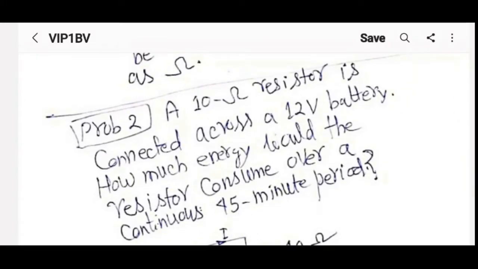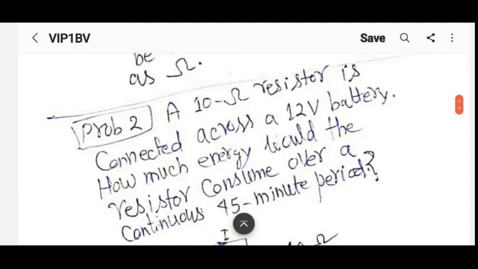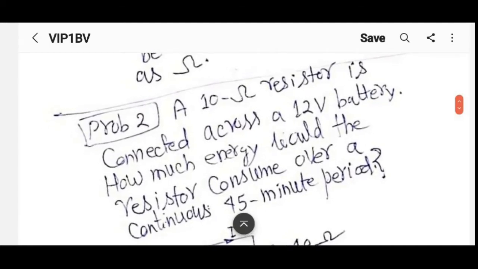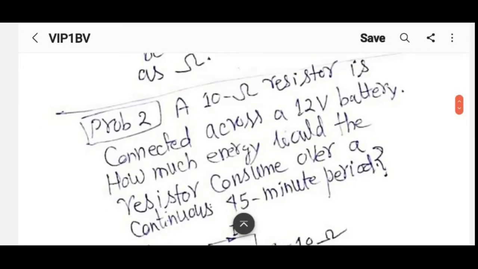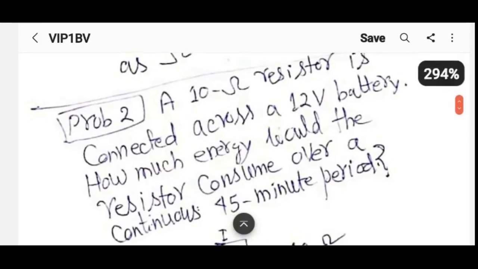A 10 ohm resistor is connected across a 12 volt battery. Battery means DC voltage. You can buy batteries in the market. They are chemical techniques used to generate voltage. They don't use rotary mechanical power. Batteries are a different method of generating DC voltages.